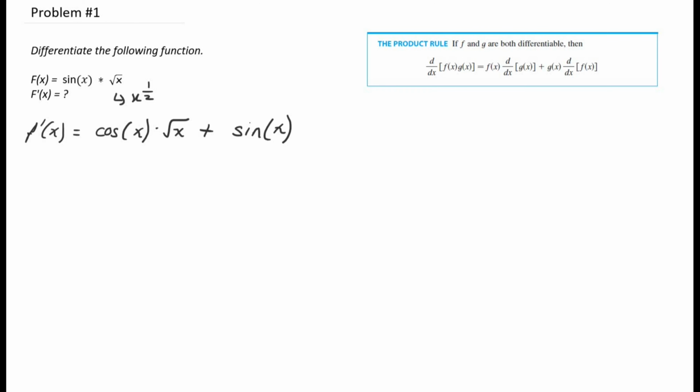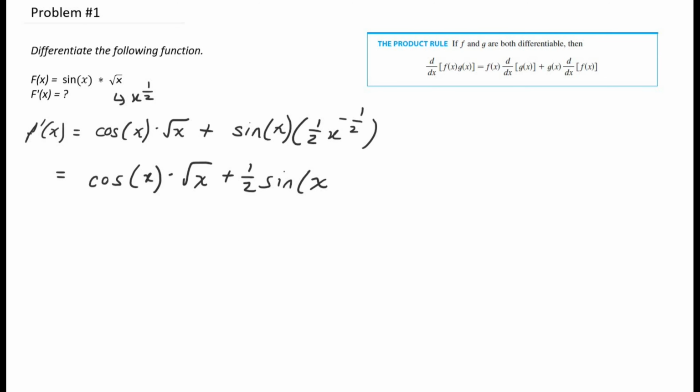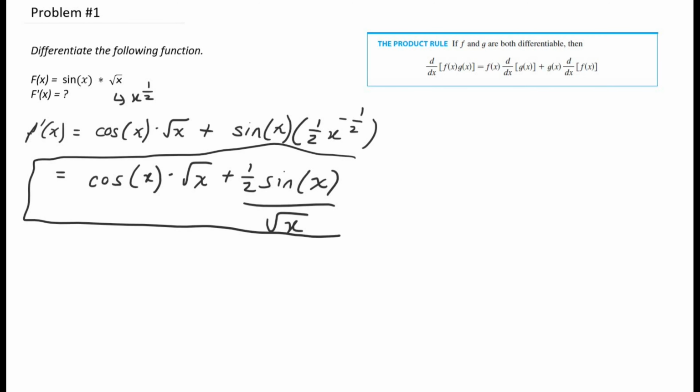So if you were to take the derivative, it would be 1/2 x to the minus 1/2. And we can further simplify this into cosine of x times the square root of x plus 1/2 sine of x over square root of x. So here's your solution for the first problem.